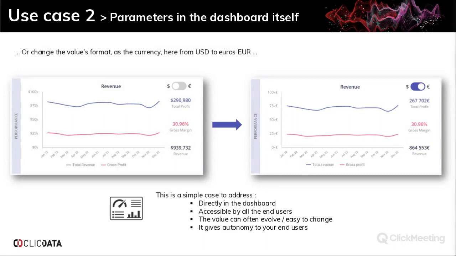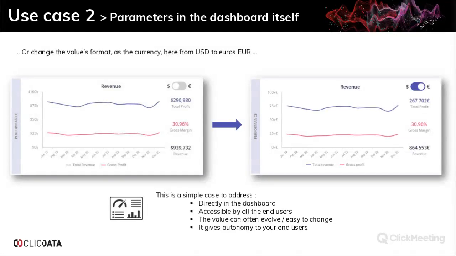If we want to go further, especially in this case where we are changing the currency, we could have behind it a parameters table with the value of the exchange rate, because we know that it's something that evolves over time. To have really accurate results, we can, for example, store the value of the exchange rate every day, or at least every month, to have accurate data in the graph.